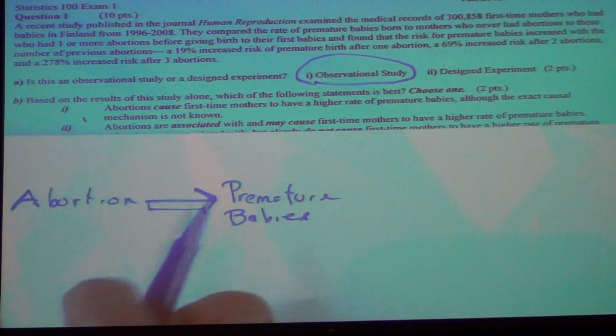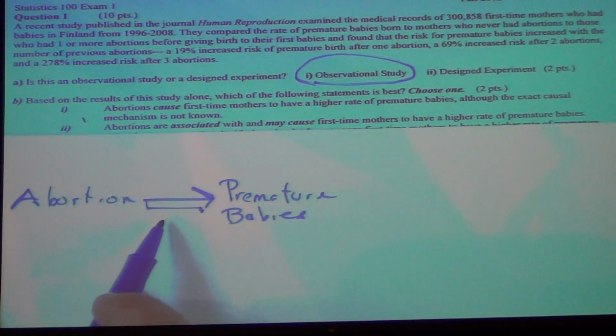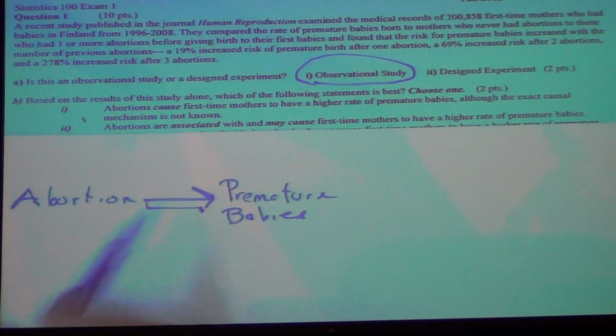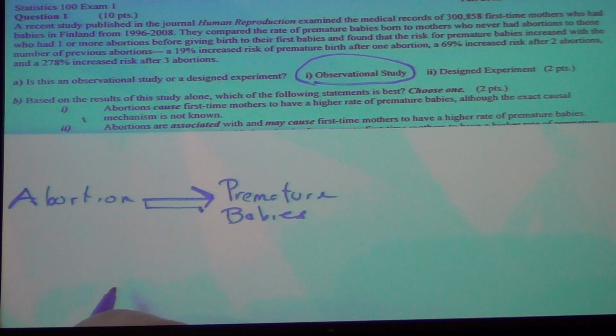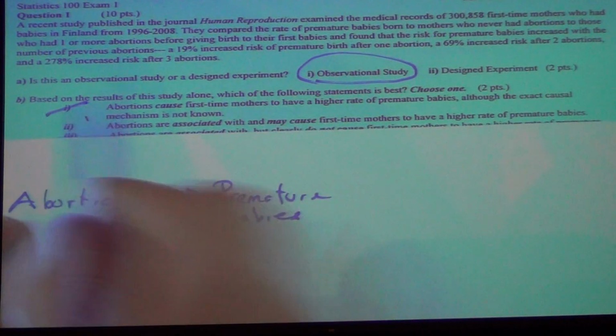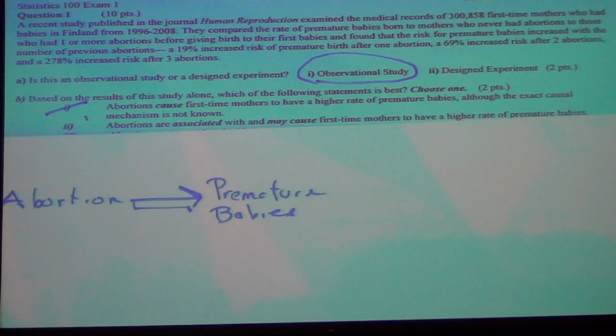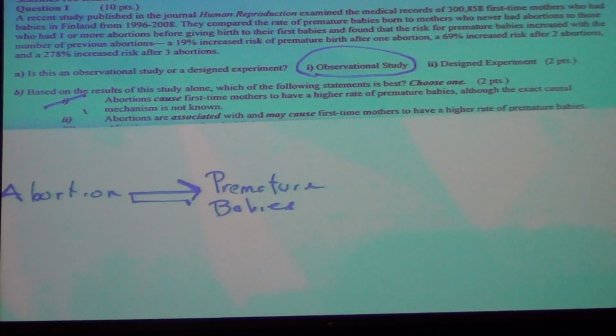Now, do you think the study supports this? Do we know that it's caused here? It could be, but for sure we don't know. So I wouldn't choose that one. We don't know it's caused. We would if they were randomly assigned. There's a large group of women, everything else about them was the same, except some of them had abortions and some of them didn't.